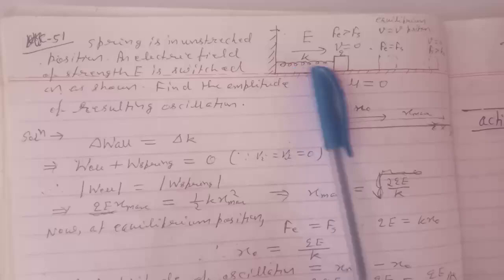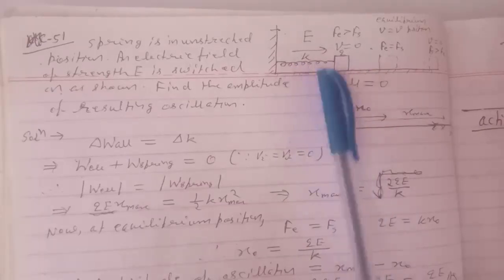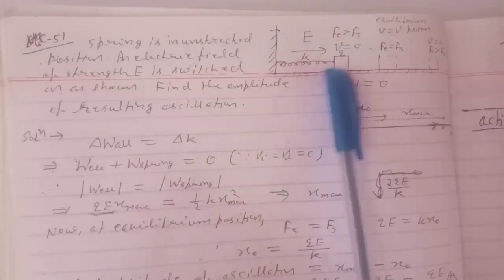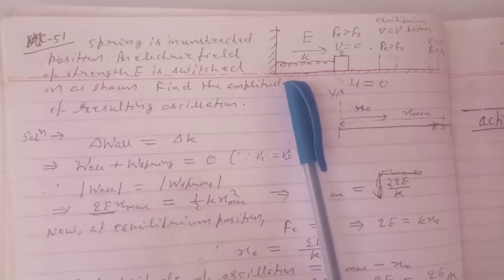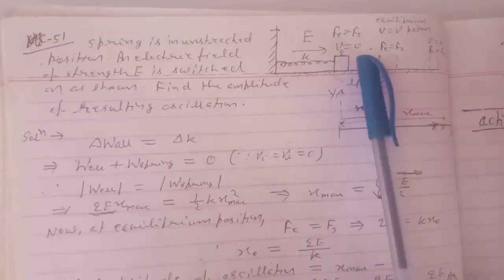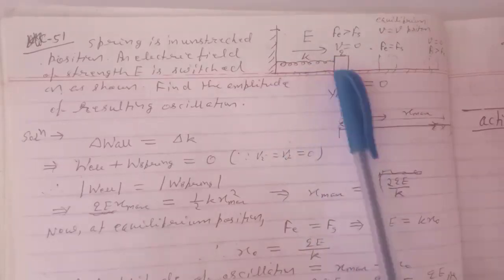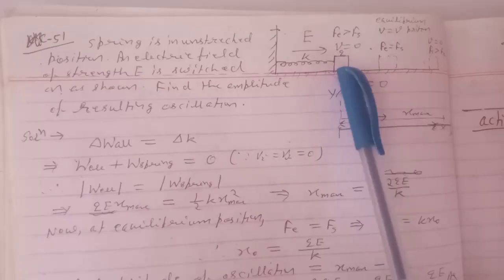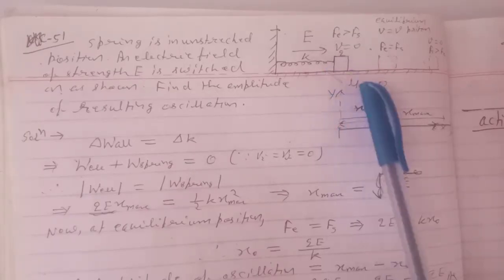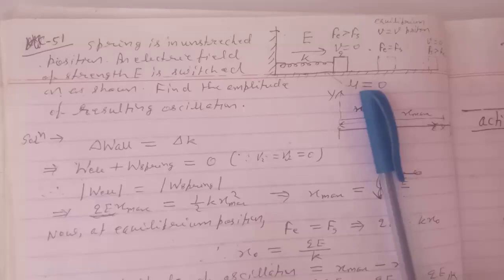Here it is a spring connected with a block in an unstretched position initially, and on this block the charge is q, and it is placed on a frictionless surface because mu is given as 0.